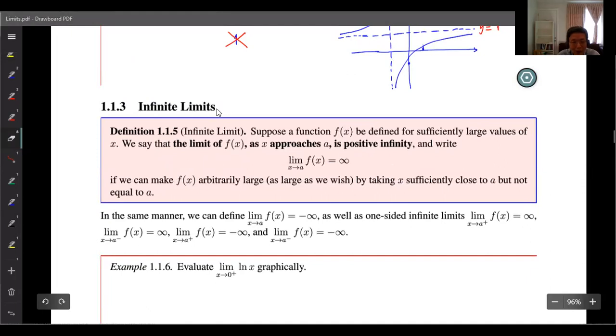An infinite limit means as x approaches a finite number, the function value just gets larger and larger with no bound. So we can make the function arbitrarily large as we wish by taking x sufficiently close to a, but not equal to a.